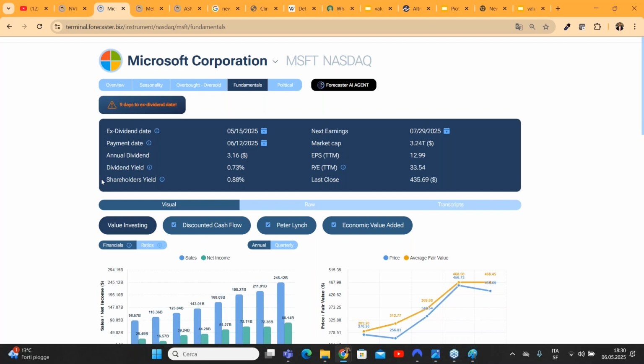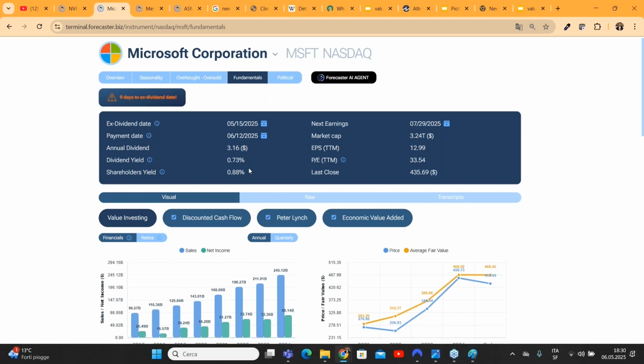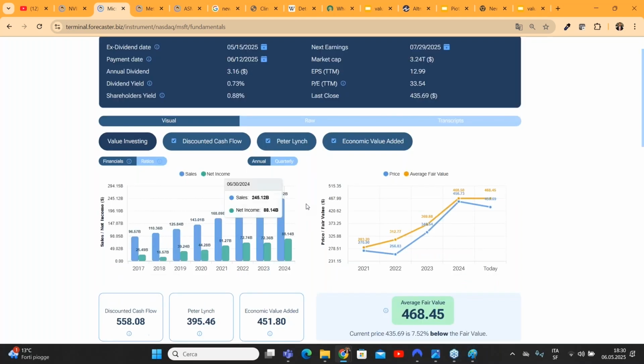Because if you have a shareholder yield which is higher than the dividend yield, it means that the dividend you are getting from the company really is coming from good results. Because if you have, for example, a shareholder yield which is lower than the dividend yield, it means that the company probably is taking on debt in order to pay you a dividend.